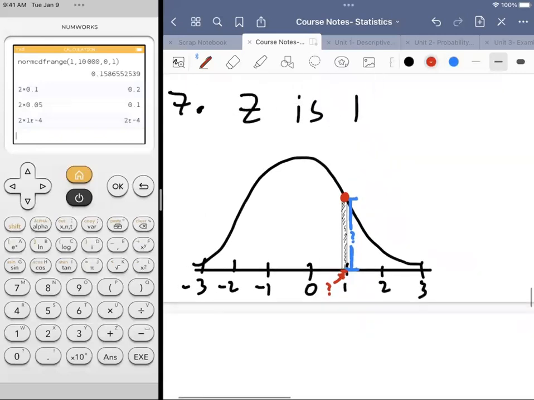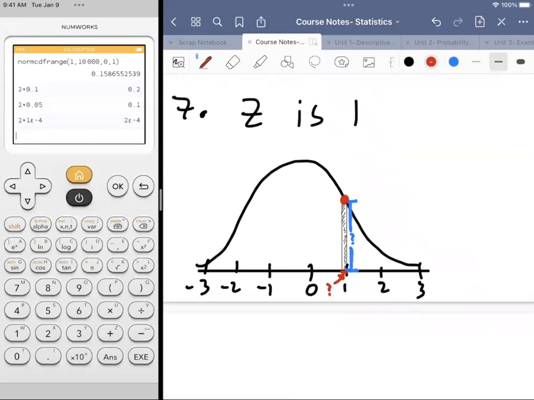So the way we tackle problems like this is to use the norm PDF function. In my toolbox, I have norm PDF. It's not really a problem, it just doesn't feel the same as norm CDF range.